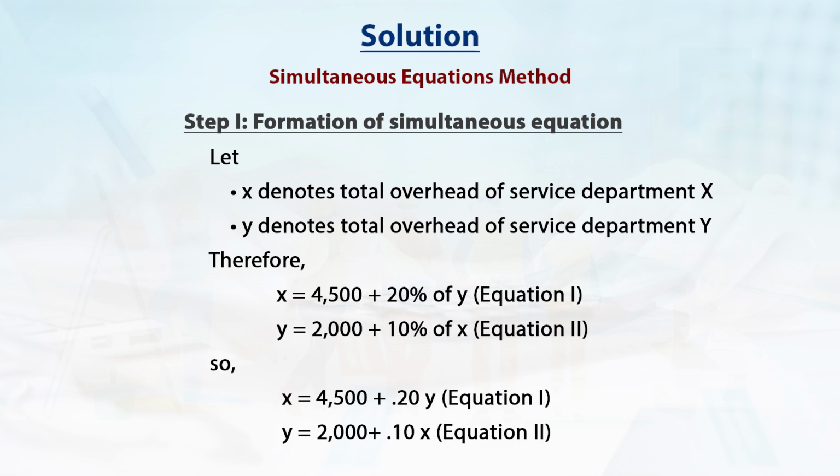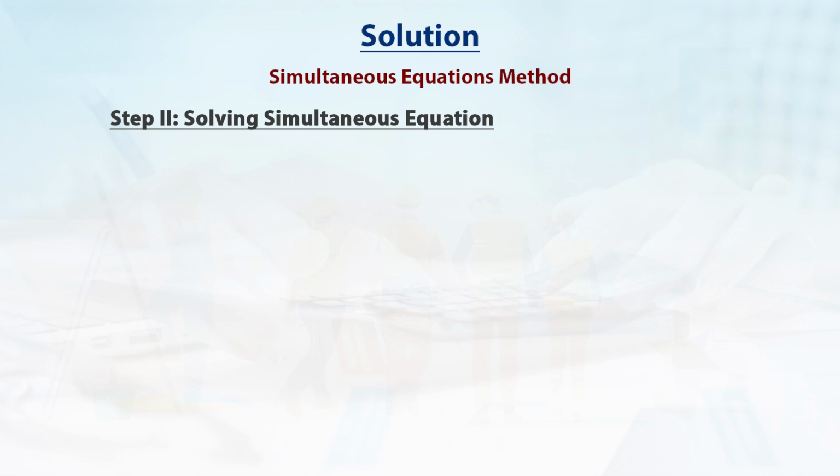So, X is equal to 4500 plus 0.20 Y, and Y is equal to 2000 plus 0.10 X. Now, let us understand the second step.